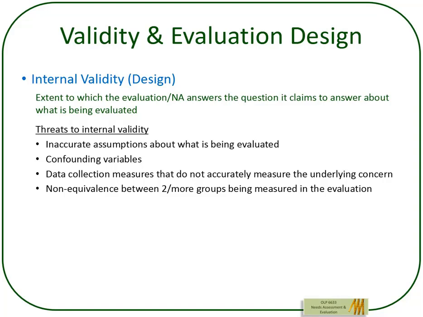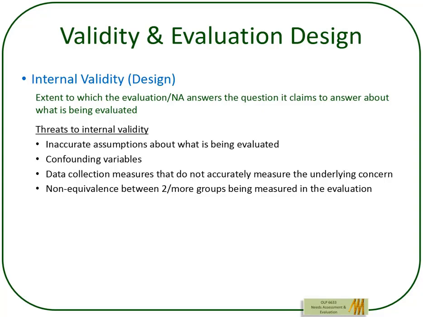And the third bullet point here is that your data collection measures don't accurately measure the underlying concern. So if you say, for example, that you want to evaluate and measure whether people can actually do effective coaching, but you give them a multiple choice test on knowledge about coaching, that's not measuring if they can coach.